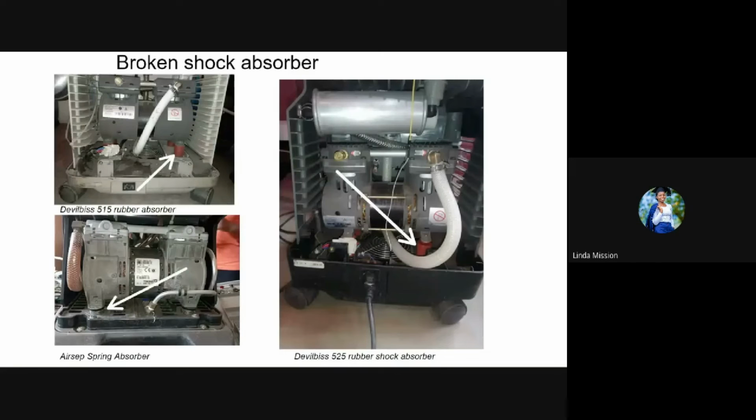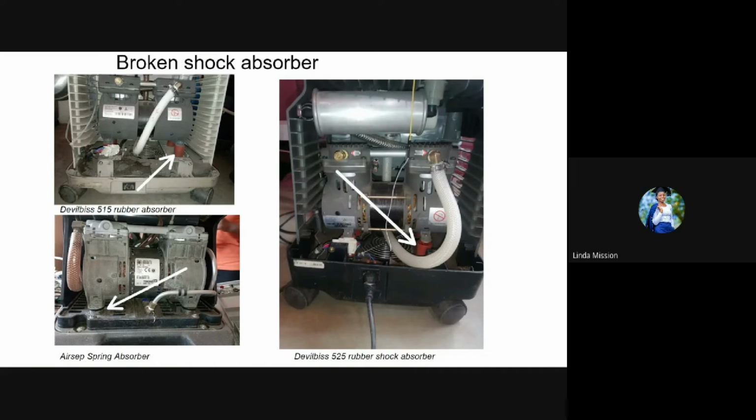Different models of oxygen concentrators have either rubber shock absorbers or spring shock absorbers for their compressors. For example, the Devovis 515 and 525, as seen in the graphics, are mounted on rubber shock absorbers.